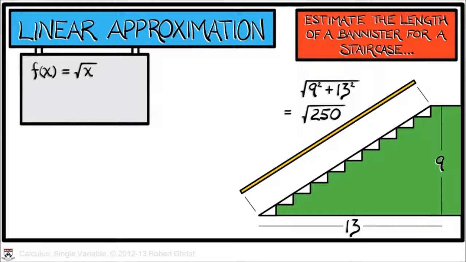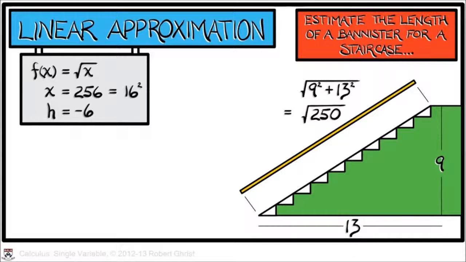Well, I could consider the function f of x equals square root of x, and I do know what the square root of 256 is. So that's 16 squared.